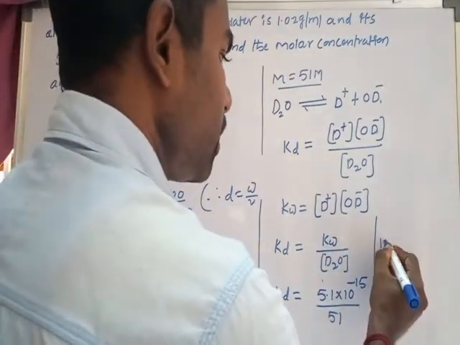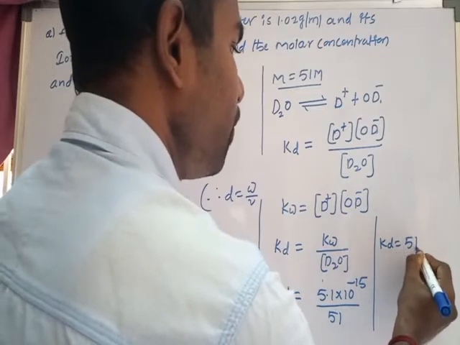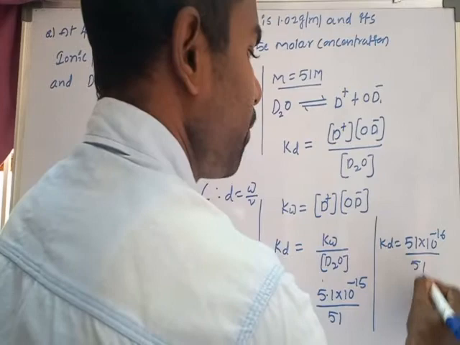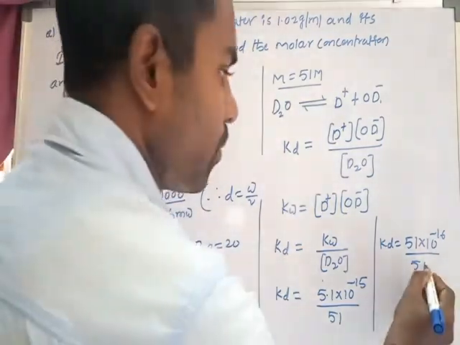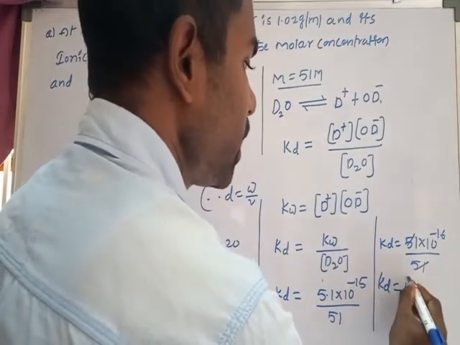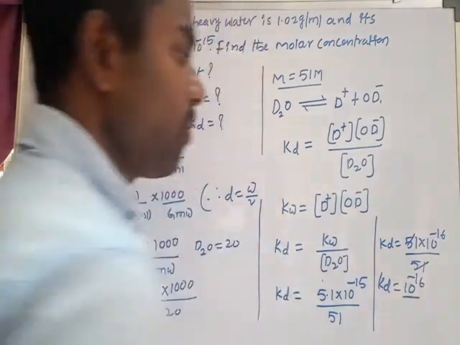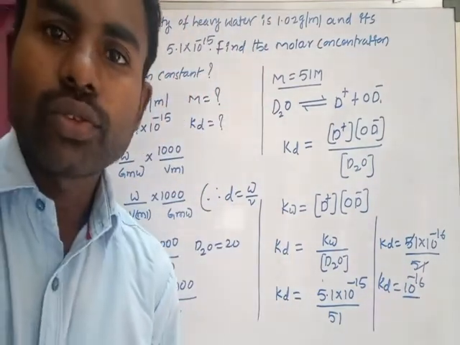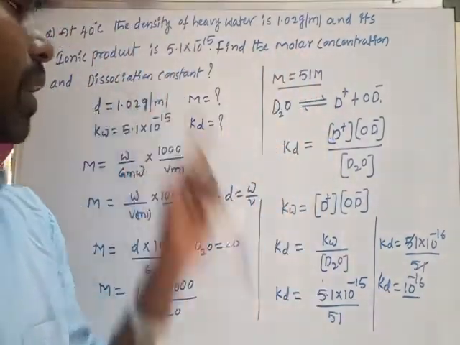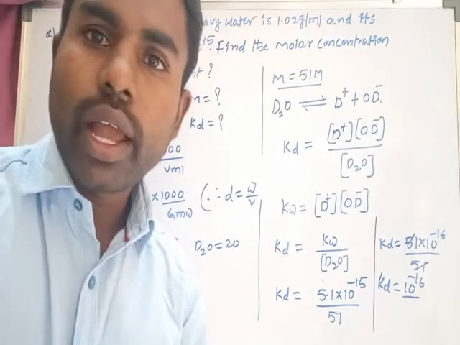From that, Kd equal to 51 into 10 to the power of minus 16 by 51. Now 51 gets cancelled, so the dissociation constant equals 10 to the power of minus 16. So this is my answer, meaning the molar concentration and dissociation constant of heavy water.